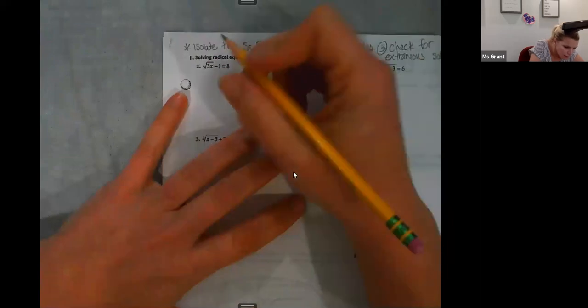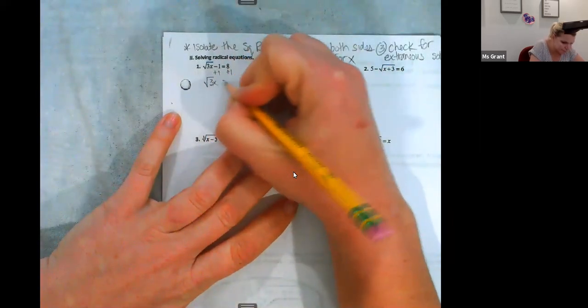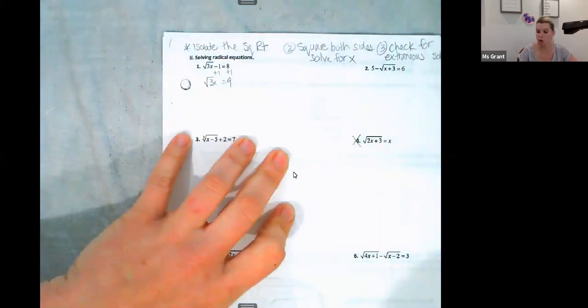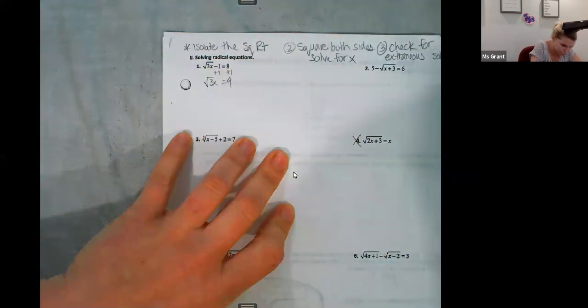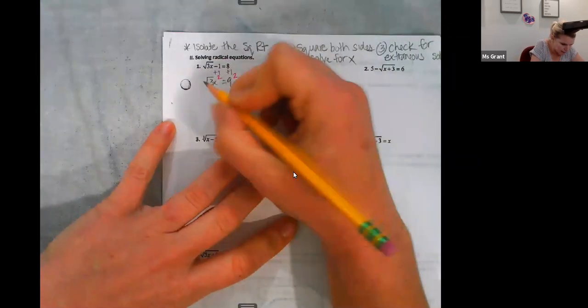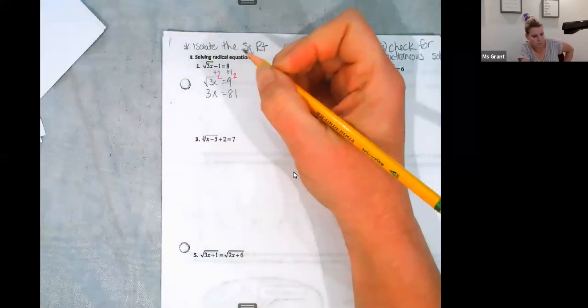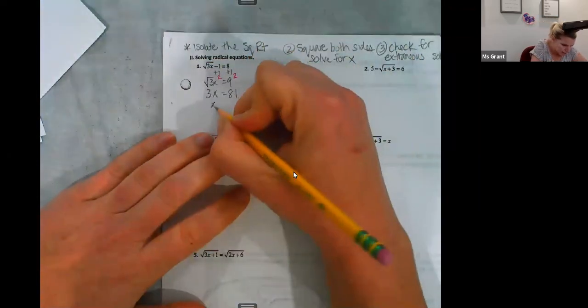All right. Isolate the square root. Number 1, add 1. The square root of 3x equals 9. Square both sides. 3x equals 81. X equals 27. Now I have to do the check.